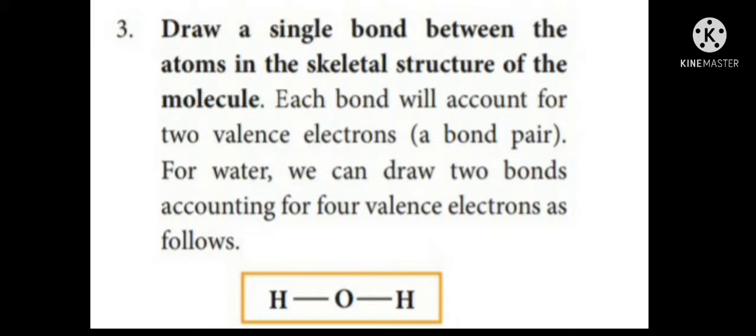In the skeletal structure of water, we have to draw a single bond between hydrogen and oxygen, and oxygen and hydrogen. Hence, we placed two single bonds. It is shown here. Each bond contains two electrons. In water, it contains two bonds. Therefore, it contains 4 electrons.